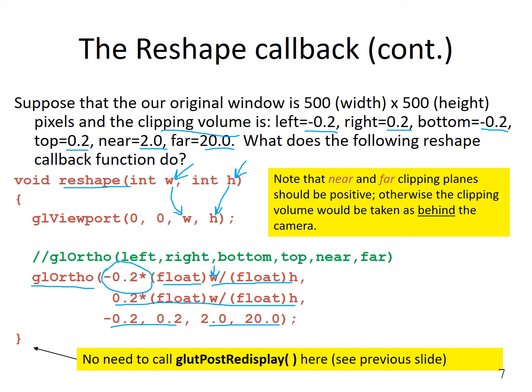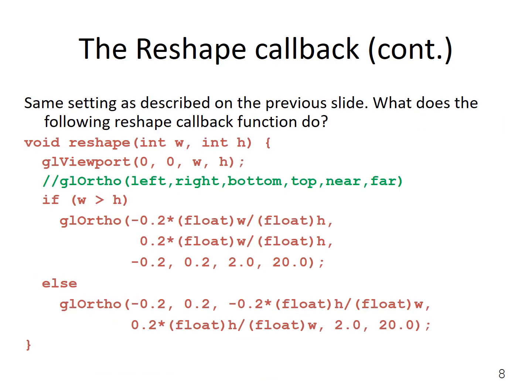And also notice that it is not calling the glutPostRedisplay function because it is automatically called whenever the window is reshaped. Now, with the same settings as the previous slide, what will this reshape function do?